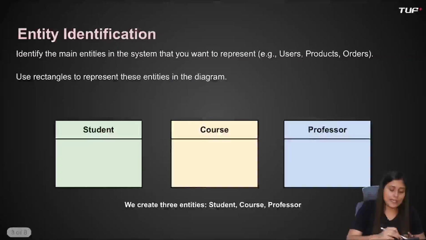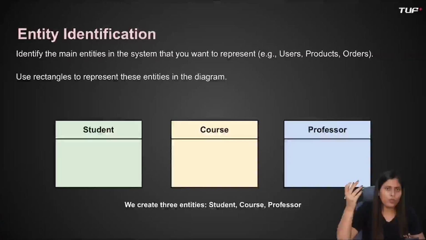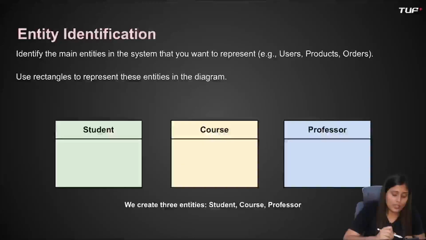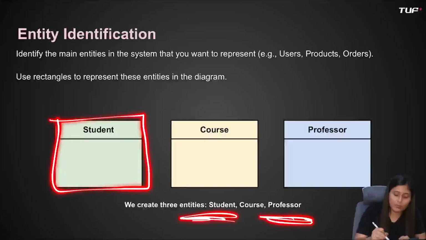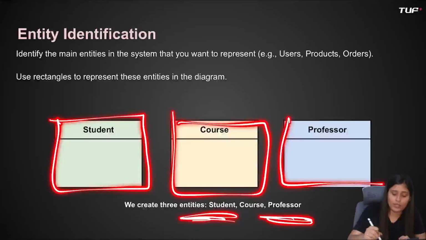Now, first is entity identification, and how we actually identify it. Entity identification is finding the main entities in the system which we want to represent, like user, product or orders, right? We use a rectangle to represent these entities in the diagram. Let's suppose we have the example of student, course and professor. We will have a student table, a course table and a professor table.